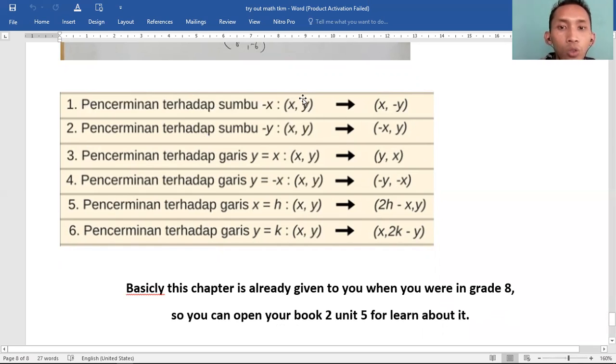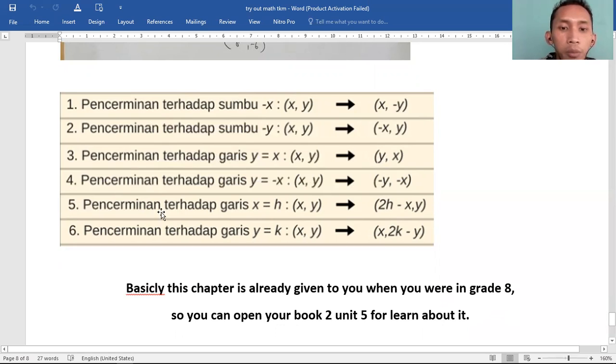Jadi misalnya 1,2 dicerminkan terhadap sumbu X, bayangannya akan jadi 1, min 2. Just need to change Y, right? Ini juga gitu. Dicerminkan terhadap sumbu Y, dia akan menjadi negatif X, Y. Gimana kalau dicerminkan terhadap Y sama dengan X, dia akan berbalik. Kalau dicerminkan terhadap Y sama dengan min X, dia akan dibalik dan dinegatifkan.